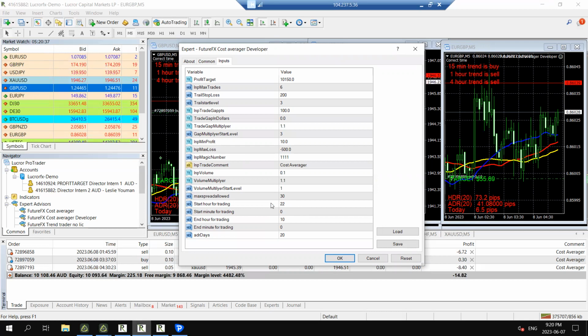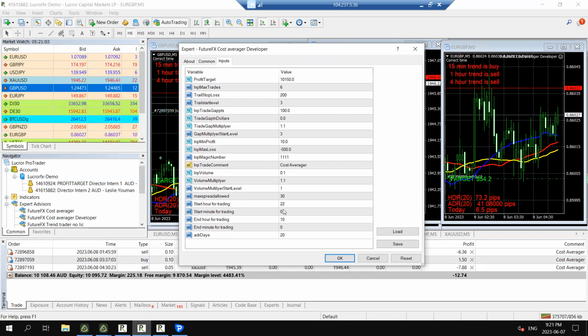It's going to start at 22 hours and 0 minutes. So 2200 hours is when the software is allowed to start taking out trades. That's 2 hours before the market closes each day, which is also the same time the market opens each day on Forex pairs.